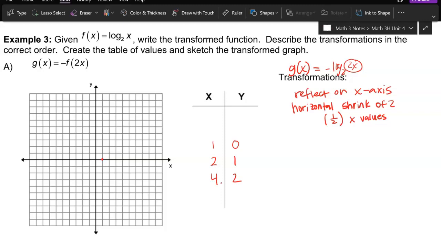All right. For our x's, we are going to times them by 1/2.